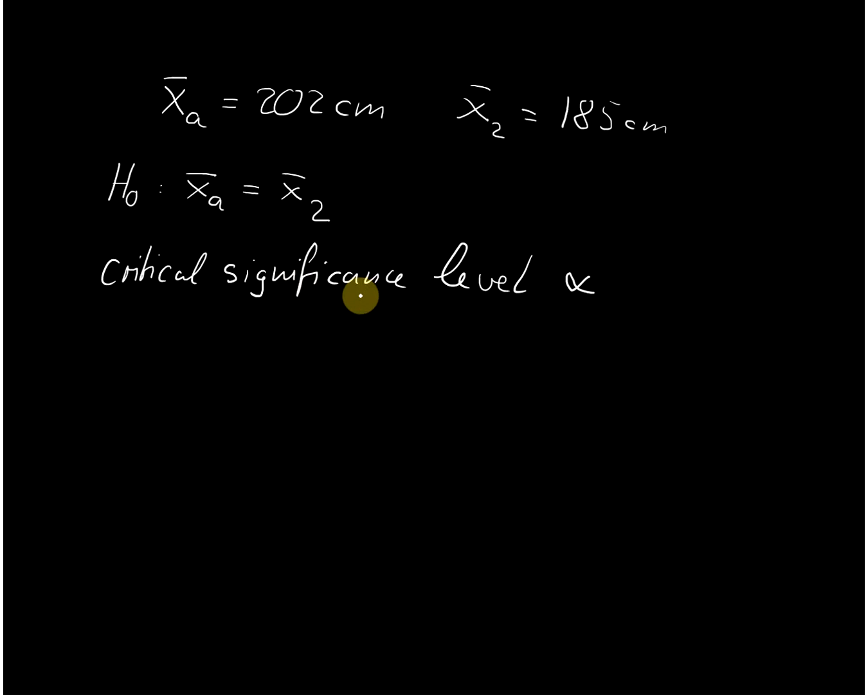And this is very often abbreviated as alpha. Now this critical significance level tells us basically how much these samples can differ from each other, and we would still see them as the same. So very often we say we want to be 95% sure that the samples are from the same population.